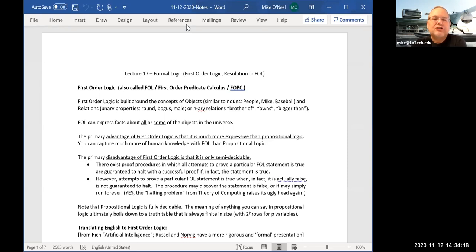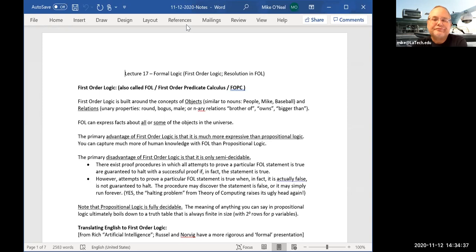Basically, first order logic is built around the concept of objects. You can think of these as nouns, like people, Mike, baseball, etc., and relations, like round, bogus, male, which take a single input, a single object.